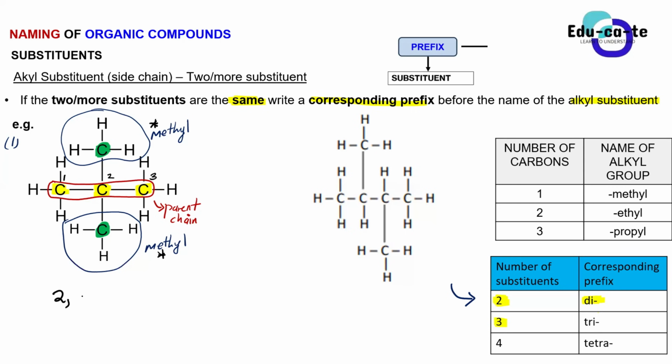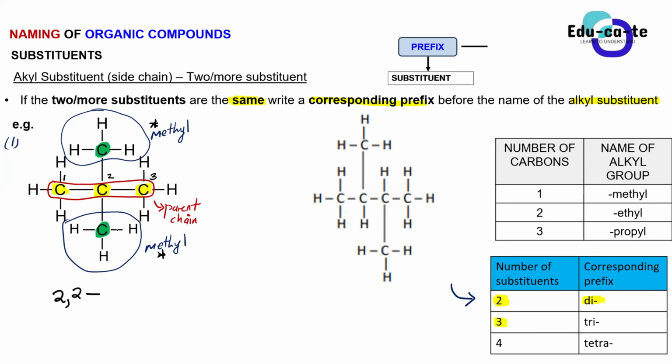Let's write 2, 2, then you put a dash. Then you can now say that here we are having methyl groups. All of these are methyl groups, but there are 2 of them. So that is when you start saying dimethyl. We're having methyl groups, but all of them are similar.